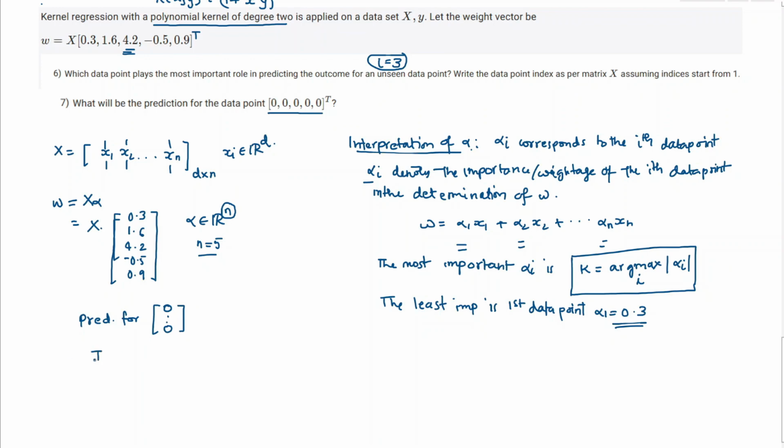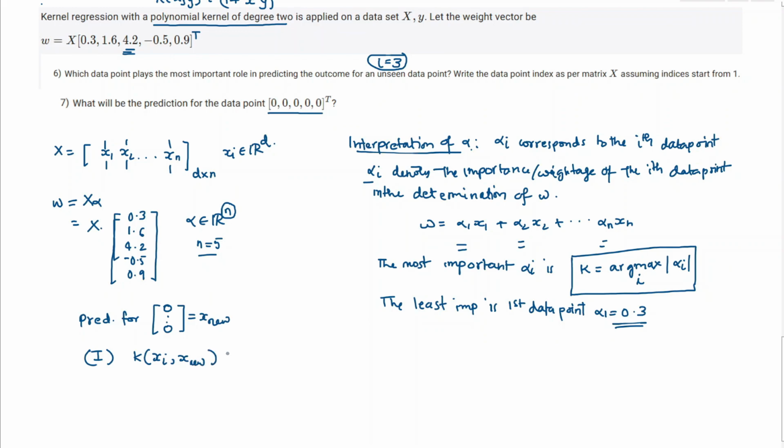So step 1 is that we need to compute the kernel of xi, which is the ith data point, with the new data point. So let me say x new.